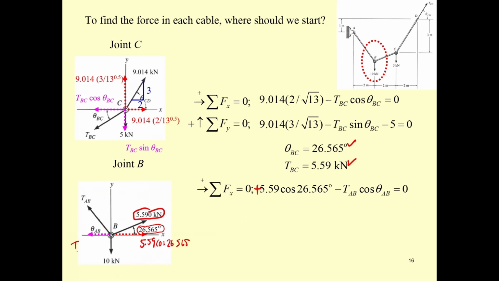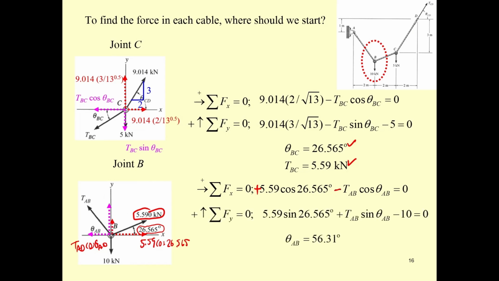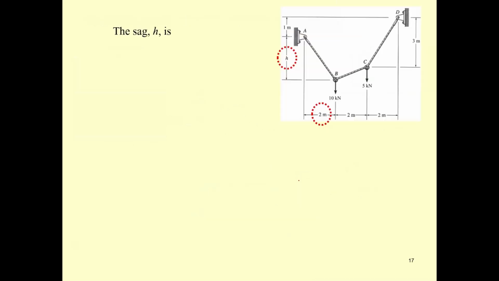For this one, it's going to be T sub AB cosine theta AB, which is negative. And for the vertical, you solve the same way discussed before, and we get T sub AB. Now, T sub AB is 9.014, larger than T sub BC. Okay, and then we solve more.